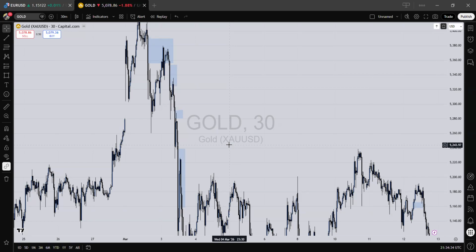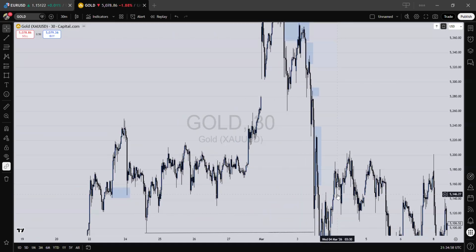If you just tap on it small, you still have the ability to react again if price comes to it. But if price takes everything completely, or takes more than 50%, then the fair value gap is done for.